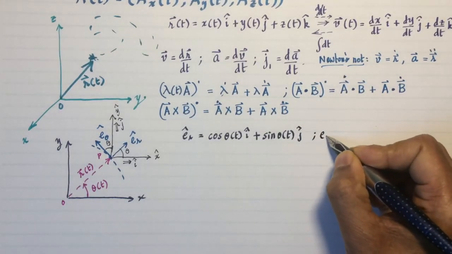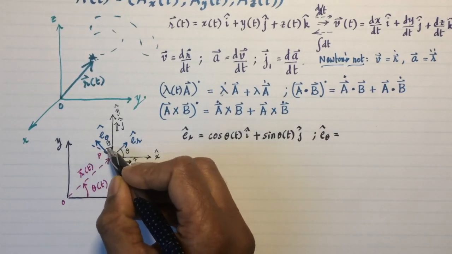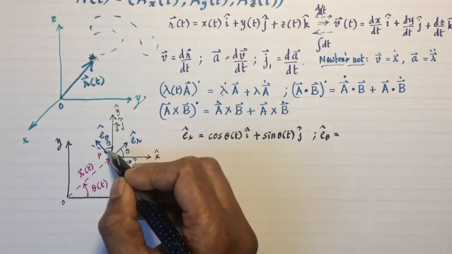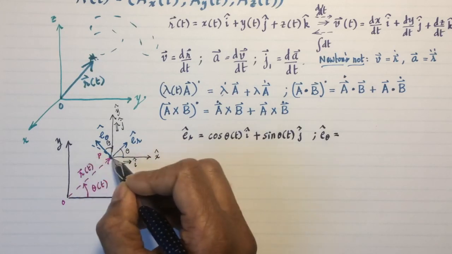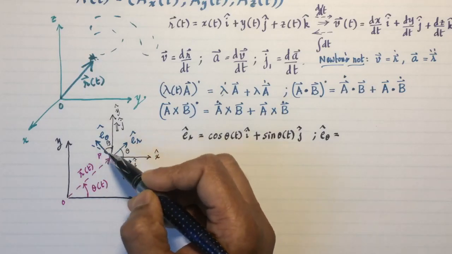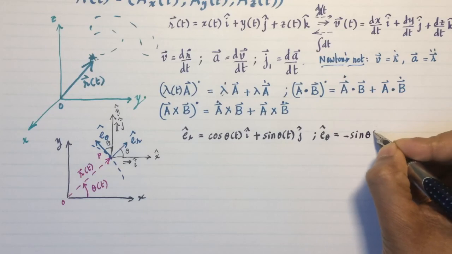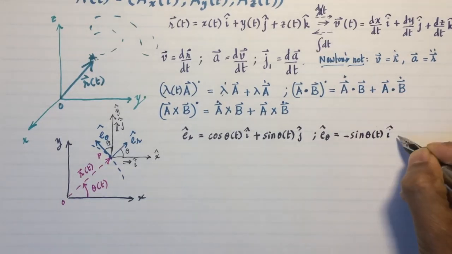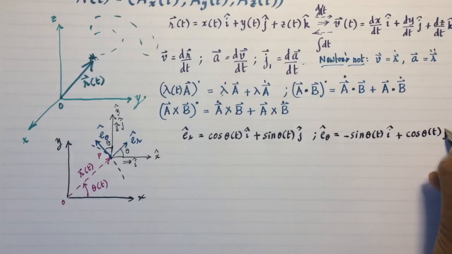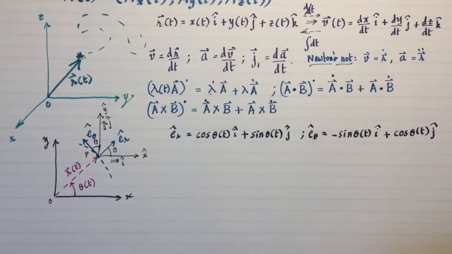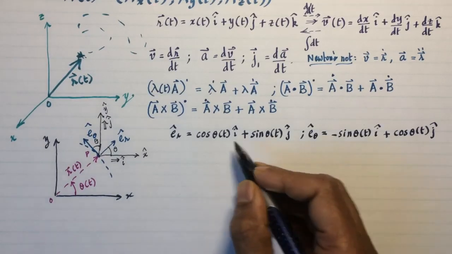And e theta, well, the cosine theta component now becomes in the y direction, and the negative sine theta component is in the x direction because it's pointing backwards. So I'm going to get negative sine theta i hat plus cosine theta j hat. So now I have both the unit vectors written out, and they're both functions of time.